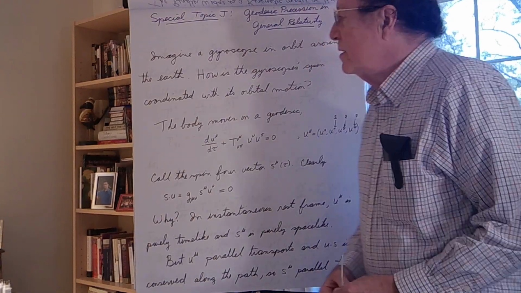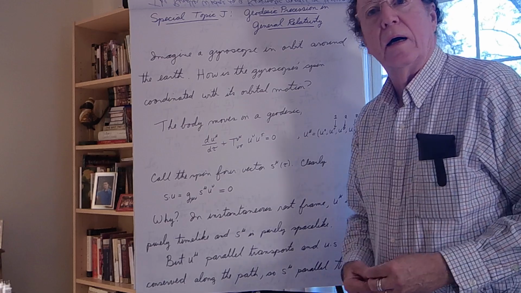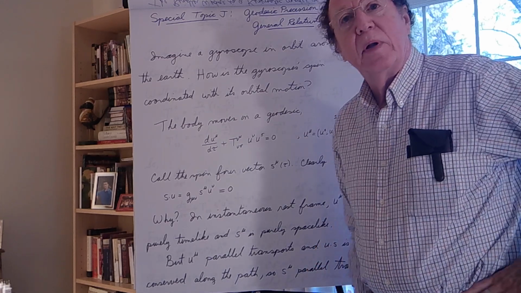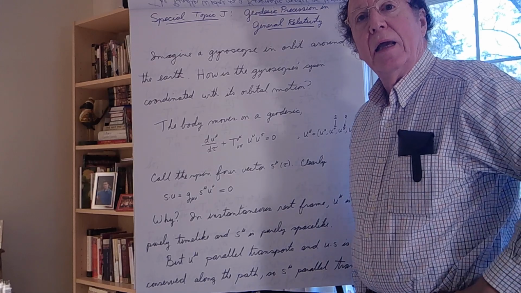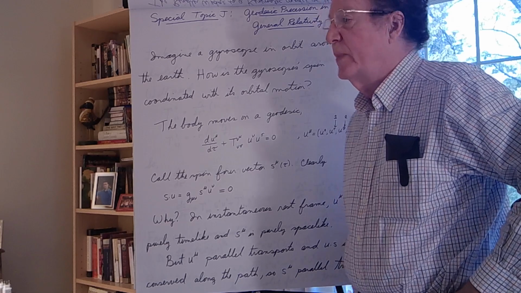So in this topic, let's consider a satellite going around a static star. And on that satellite, we put a gyroscope, okay? And so the gyroscope will have a certain heading. It's characterized by a certain spin direction.